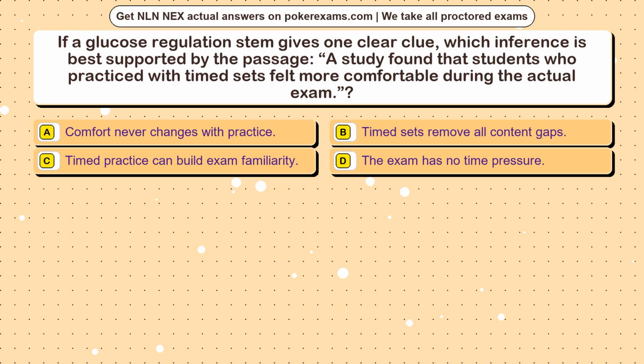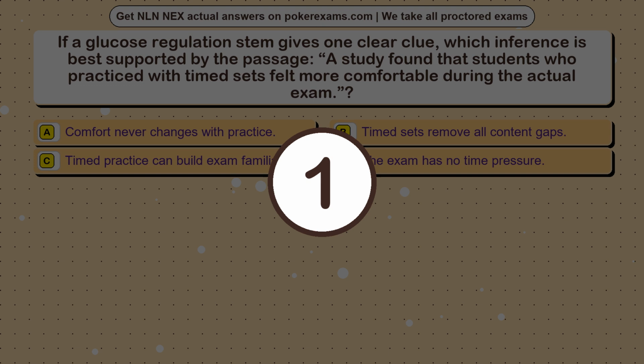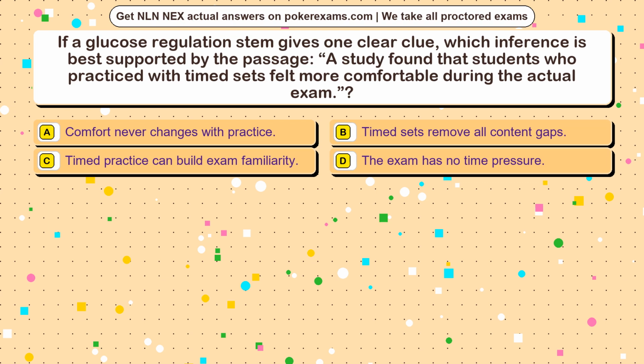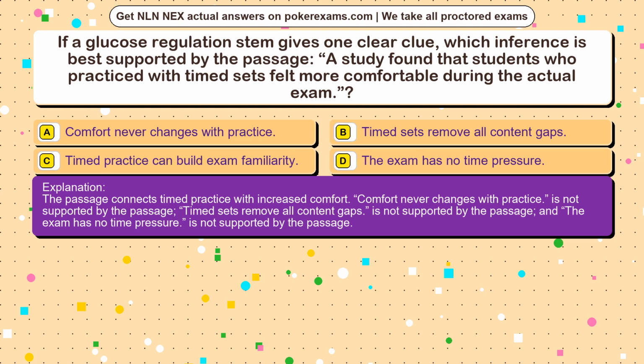Option D, the exam has no time pressure. The correct answer is option C. The passage connects timed practice with increased comfort. Comfort never changes with practice is not supported by the passage. Timed sets remove all content gaps is not supported by the passage, and the exam has no time pressure is not supported by the passage.